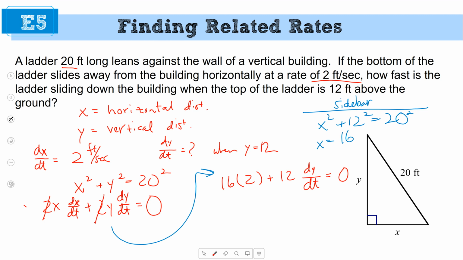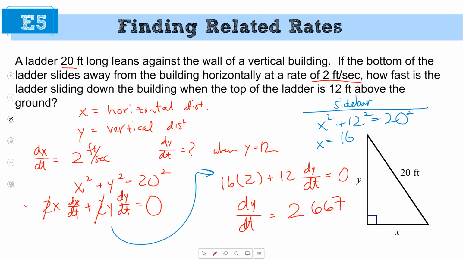So it's 32, and then divided by 12. So dy/dt is equal to 32 divided by 12, which is 2.667. Yep. Yeah? 2.667.